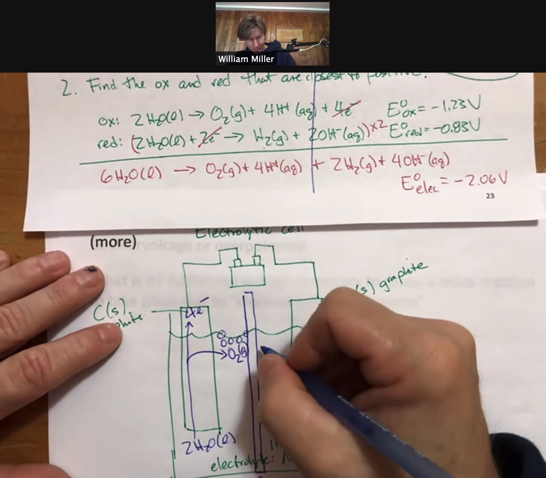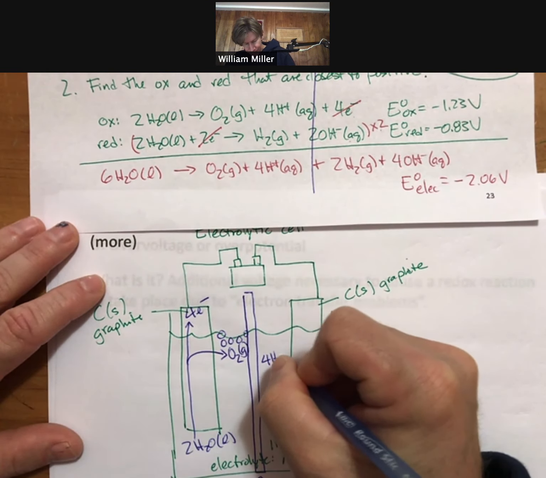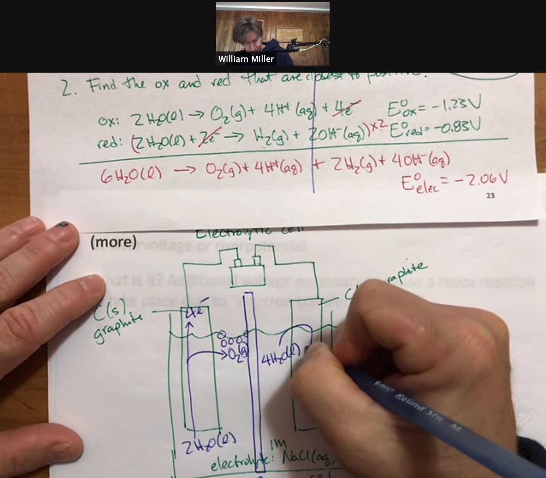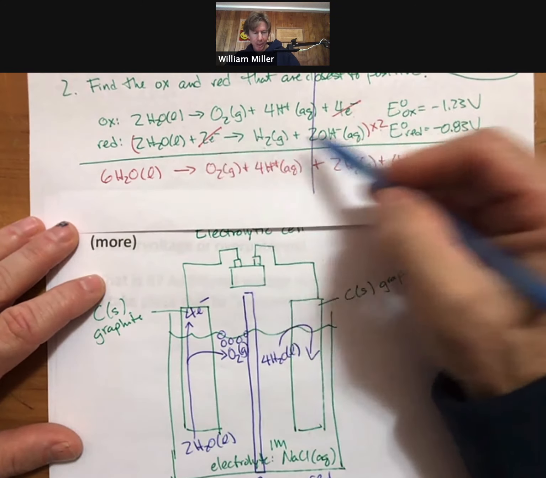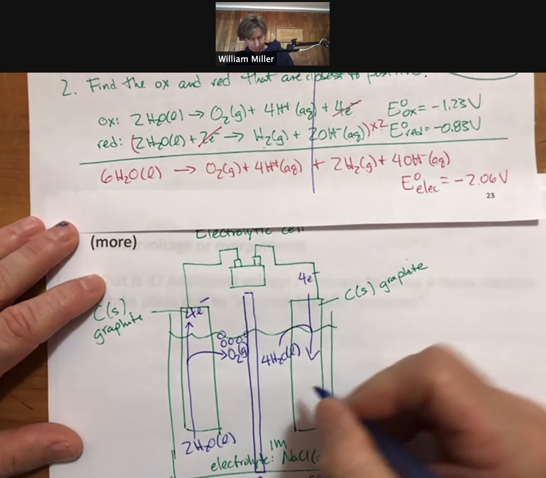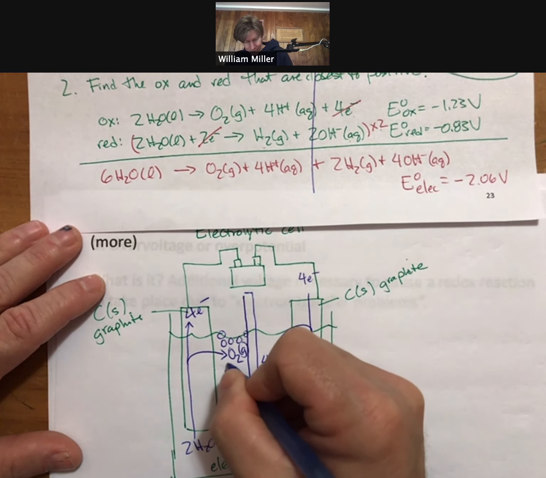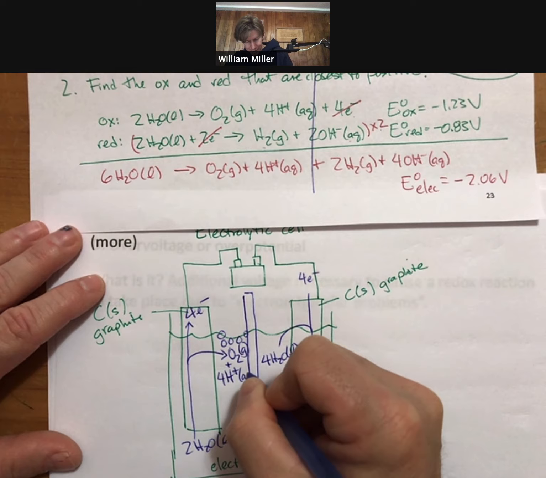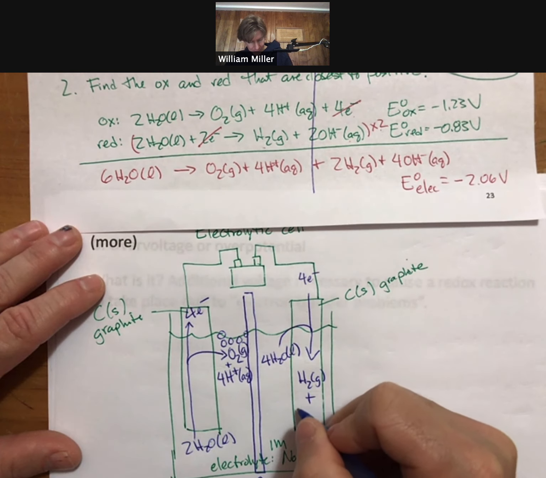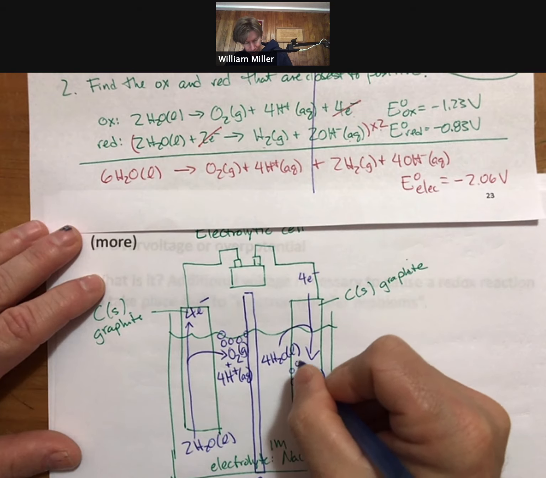On the other side, I'm going to have 2 times 2, or 4 waters. Also doing 4 electrons and making hydrogen gas. Oh, sorry, I forgot to put my H pluses over here. Plus 4 H pluses. Over here, they're going to be making H2 gas plus 4 hydroxides. Bubble, bubble.